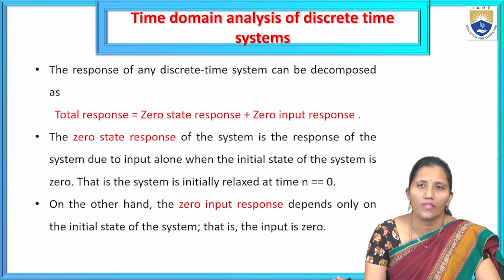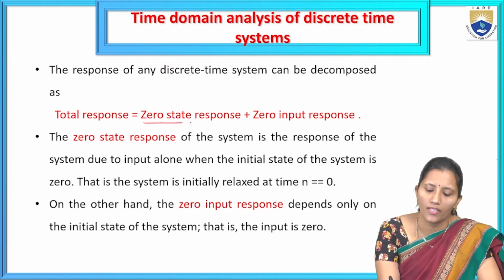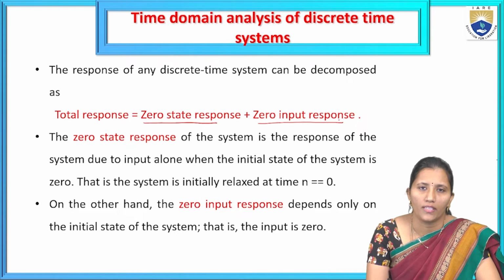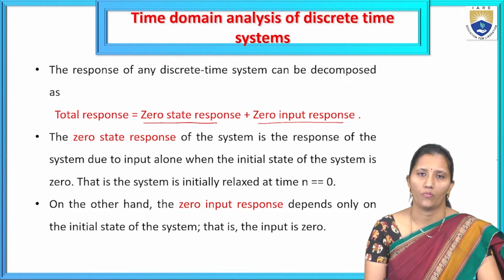Here the response of any discrete time system can be decomposed into the zero state response as well as the zero input response. The sum of the zero state response plus the zero input response is the total response of any discrete time system. So what is the zero state response?